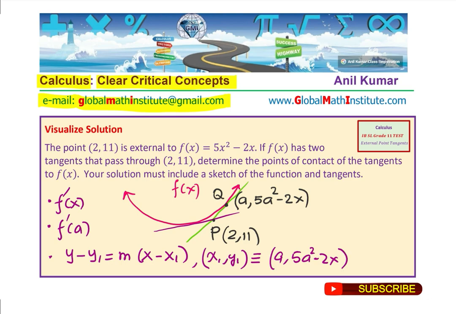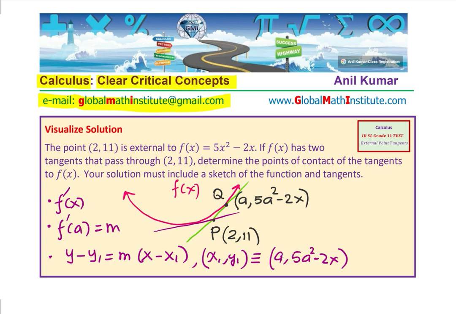Is that clear to you? So we get our equation, perfect. And m is the derivative at a. Absolutely clear. Now in this particular equation, if I substitute a, 5a squared minus 2a for x1 and y1, how do I find the value of a?